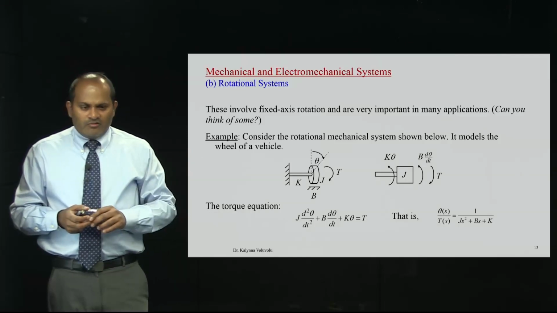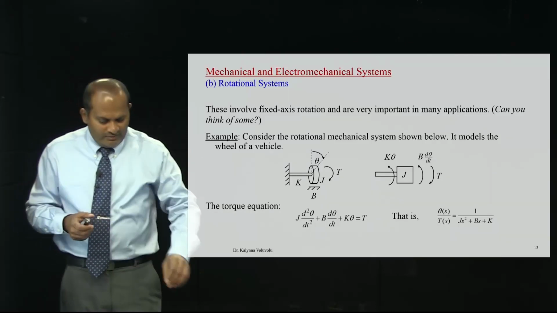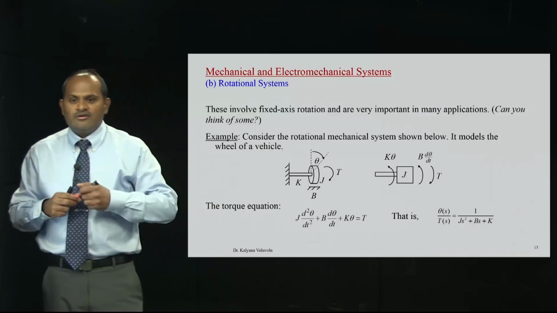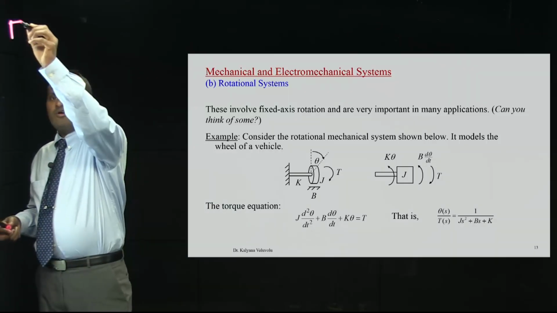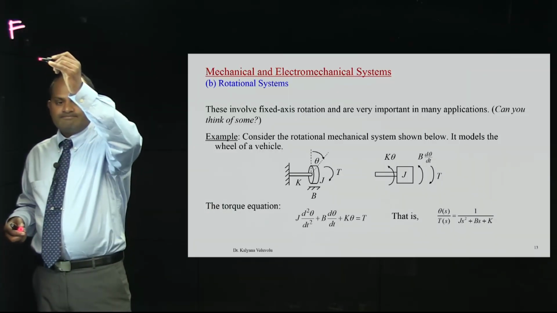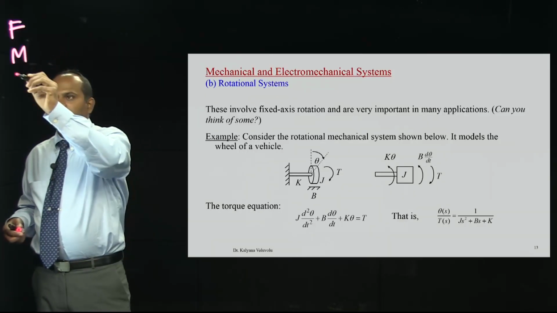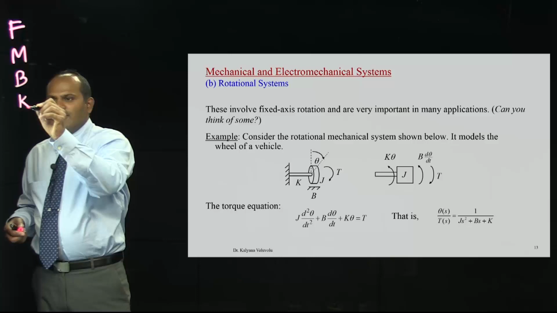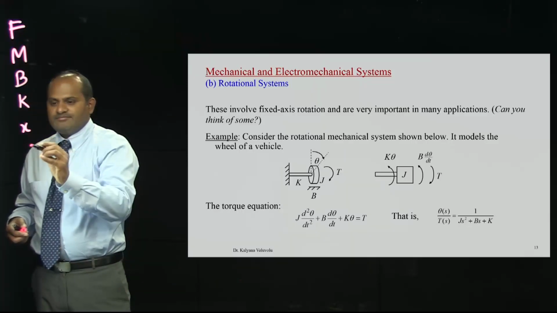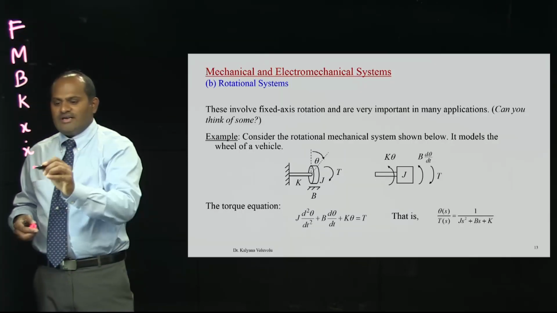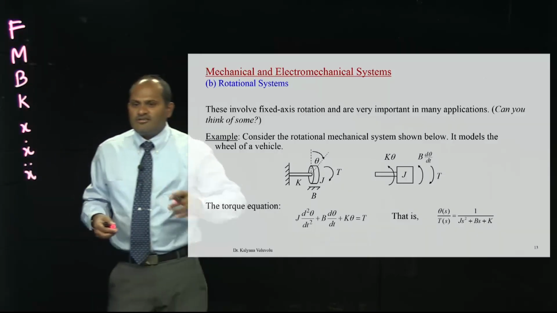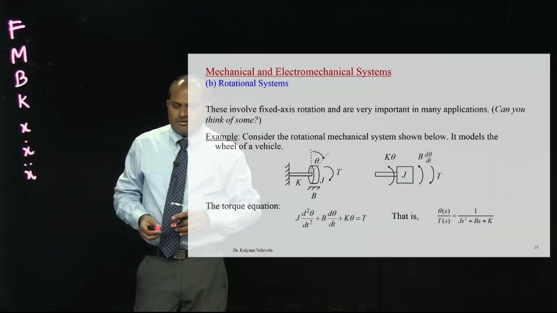Now, what are the quantities here? What we need to understand is, in mechanical systems we have force, mass, B, and K, no much change, x, x dot, x double dot. These are the quantities in mechanical systems.